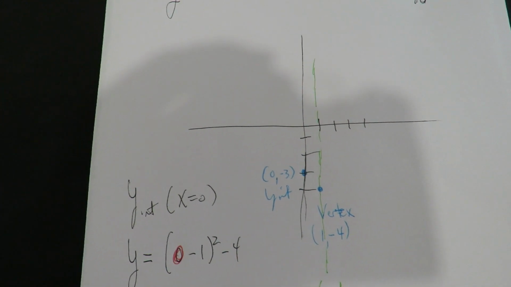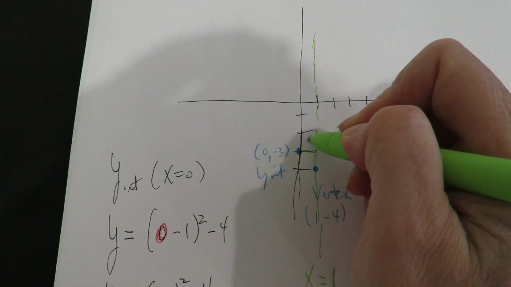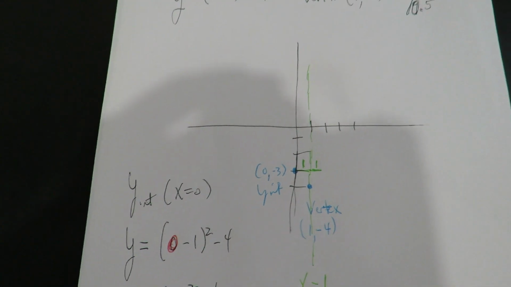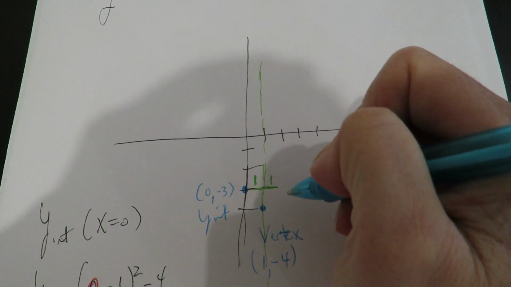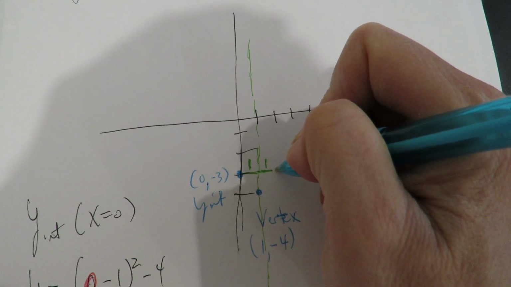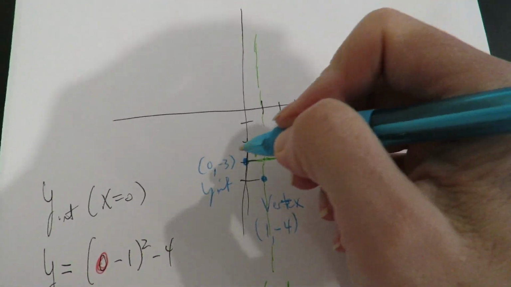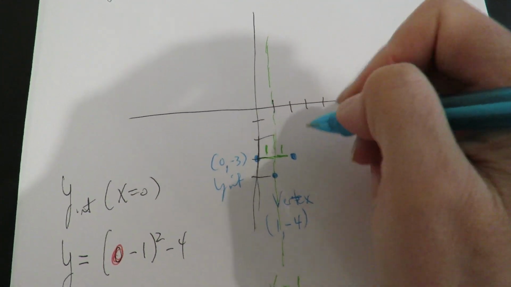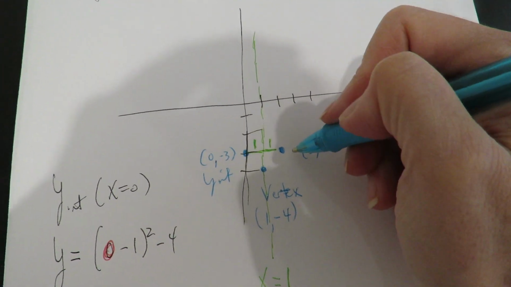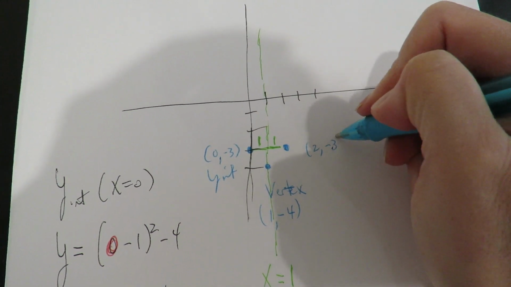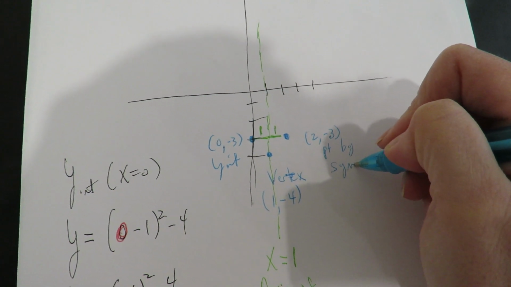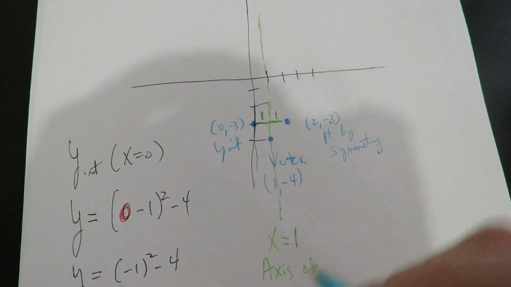So if this point is 1 distance away, then it must have a buddy that's 1 distance on the other side. So it must have a buddy physically in space right here. So now I just have to label where in space that point is. So that point is 2 units over and it's 3 units down. And that's what we call a point by symmetry, because we're using the symmetry to find it.